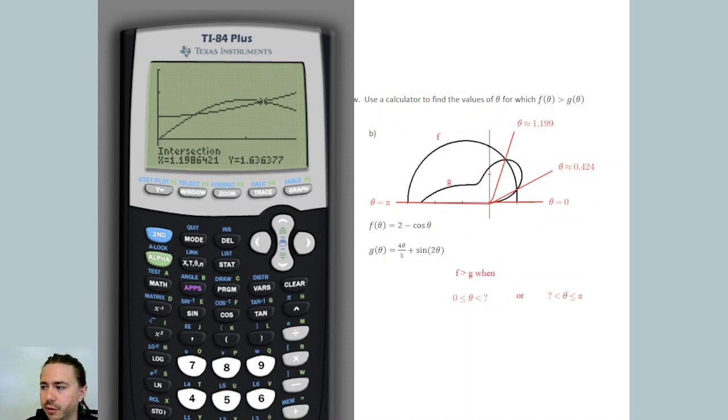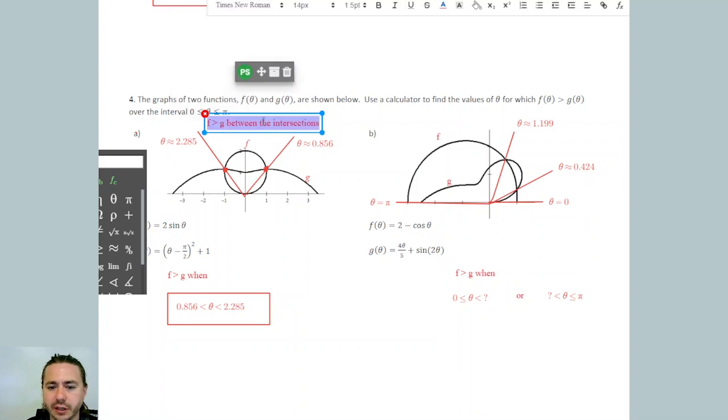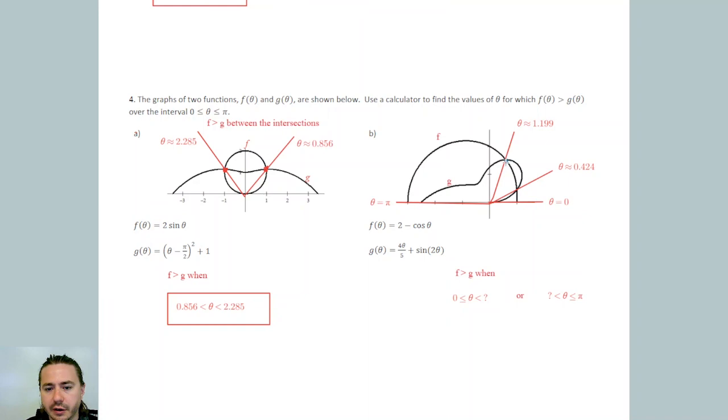Now I can hide this calculator, we're pretty much done with that. In the first one, we said that f was greater than g between the intersections. But here it is different, right? F is greater than g, not in between the intersections, but on the outside of the intersections.